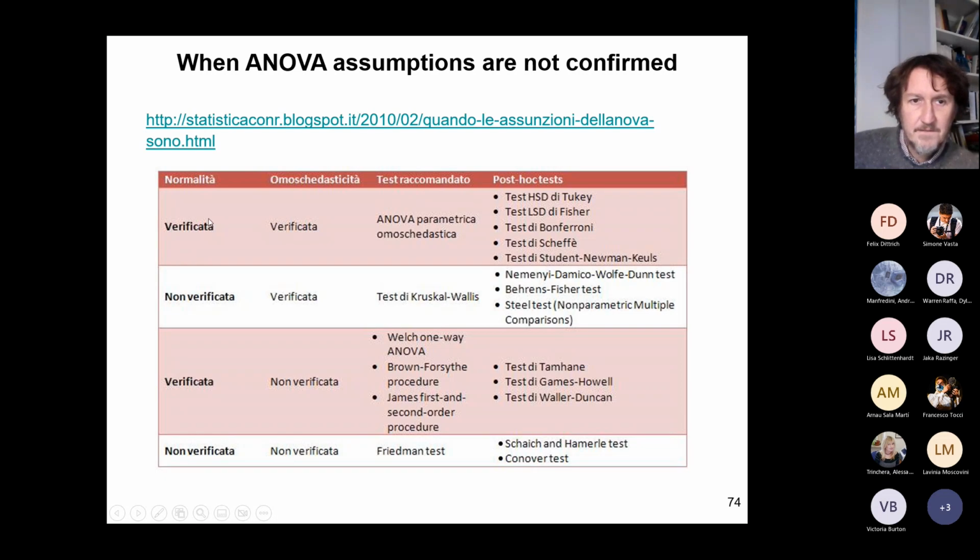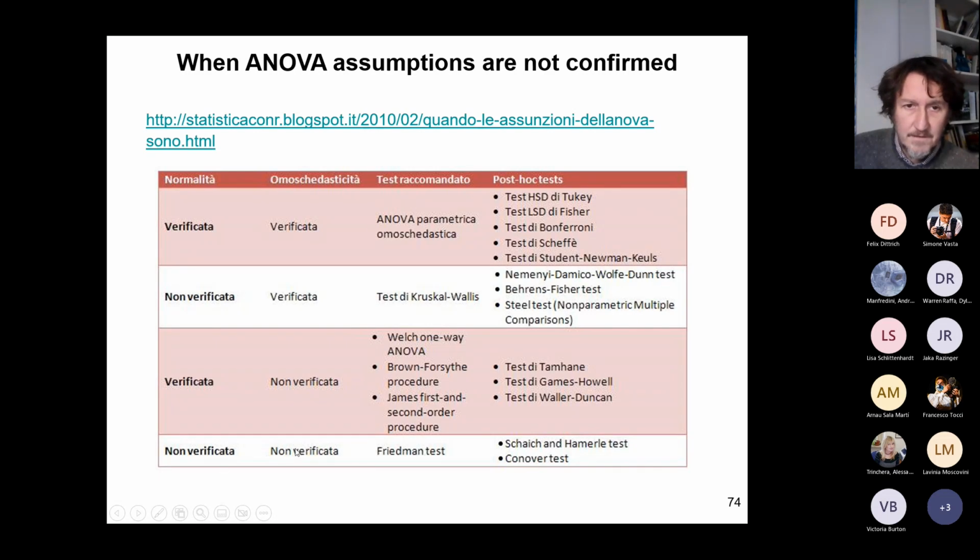So, for example, if the normality is verified, this is what we did today. If normality is verified and homoscedasticity is not verified, we use the Welch one-way ANOVA or the alternative that we already observed. But if the normality is not confirmed, we go into the other kind of tests, so the non-parametric tests. In the case of homoscedasticity verified, we have the Kruskal-Wallis test.